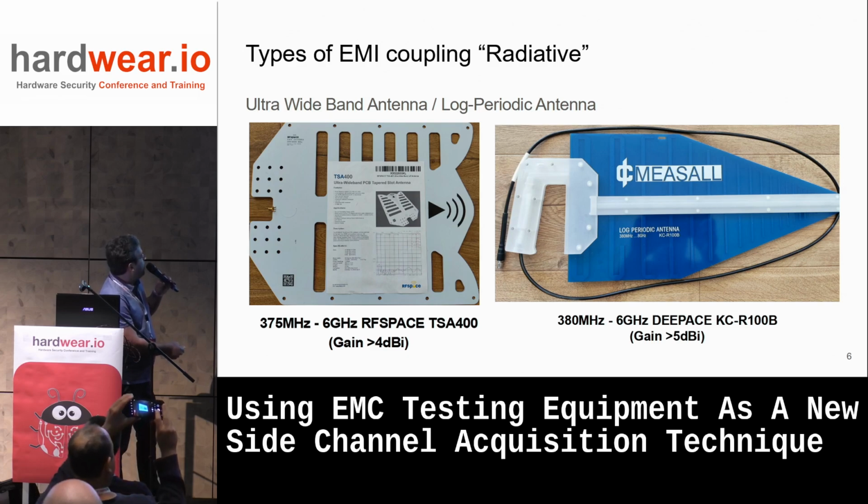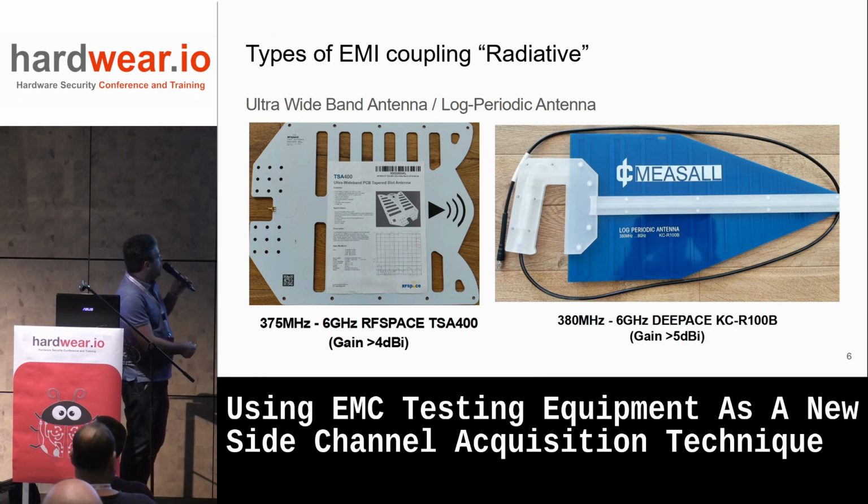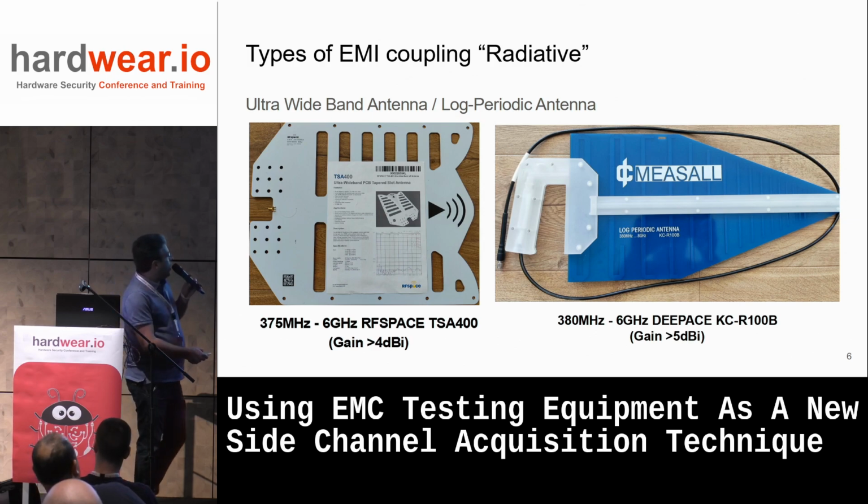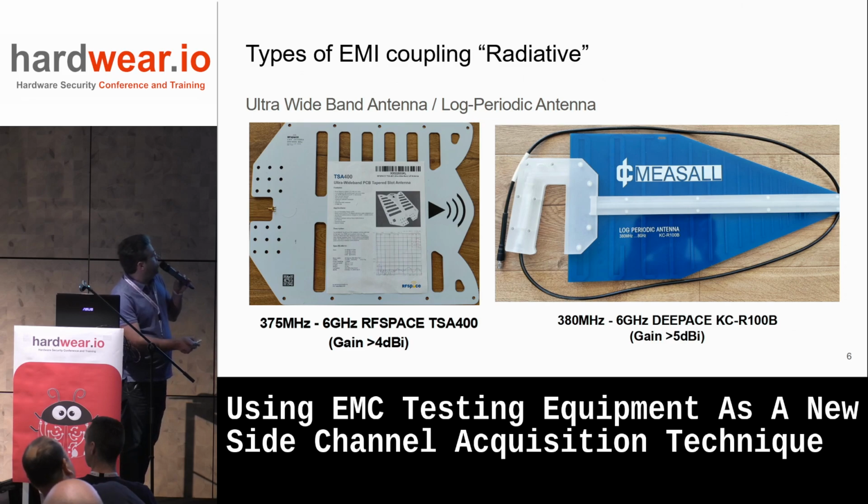So the aim is to have a very big range for test, from under 400 MHz up to 6 GHz, with a gain which is 4 dBi. And this one, which is more portable, is about the same range with a gain a bit better. So it's very good on field to test EMI.